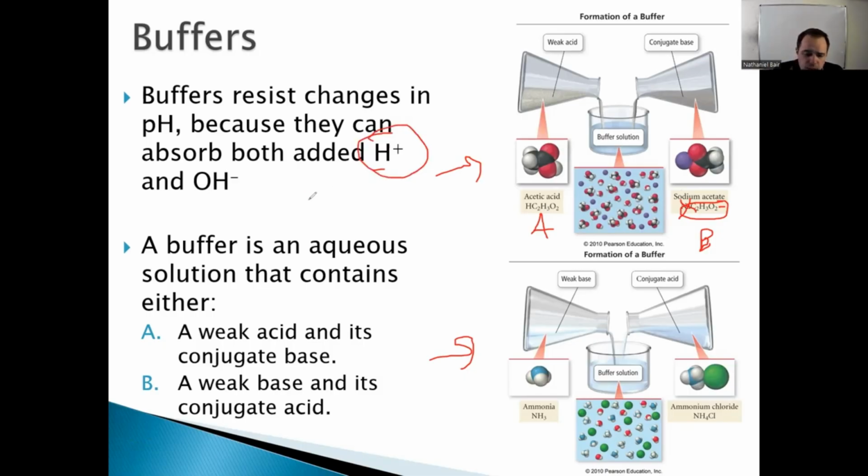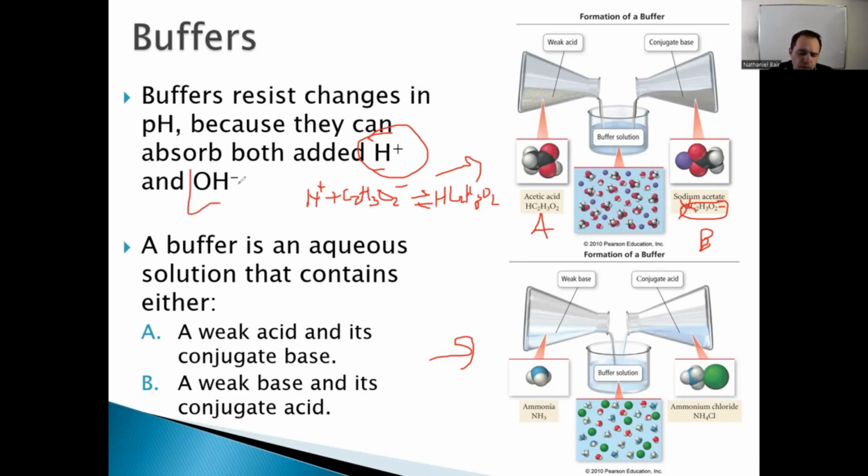So if I add H+ to that top buffer, the acetate ions, C2H3O2-, are going to grab hold of that and make more of the weak acid, HC2H3O2. So I have something in the buffer, in this case acetate, that can be basic and absorb added H+.